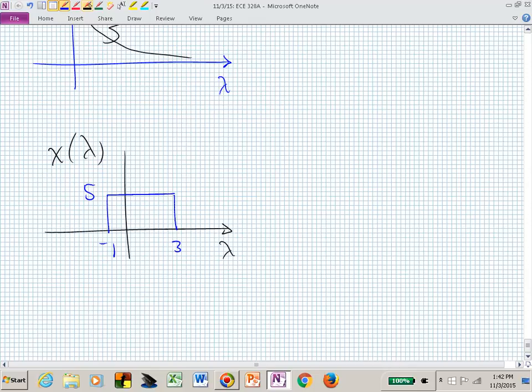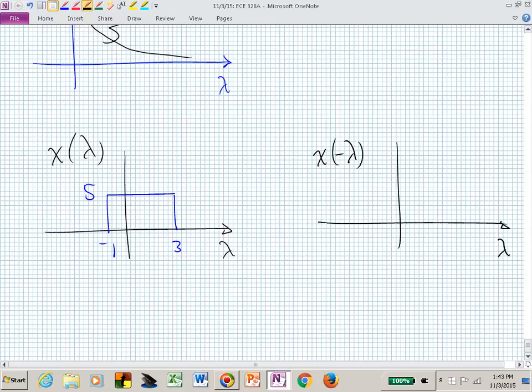What is now x of minus lambda? Now you just have to get on the vertical axis and rotate, right? Just take x of lambda and spin it across the vertical axis. Now I'm dizzy.